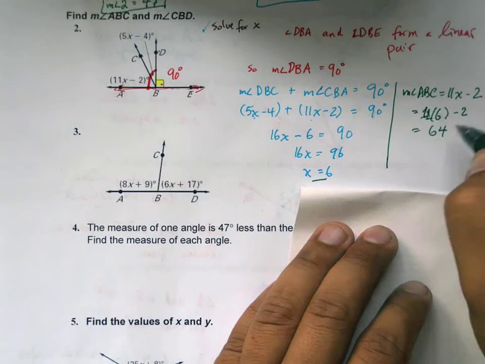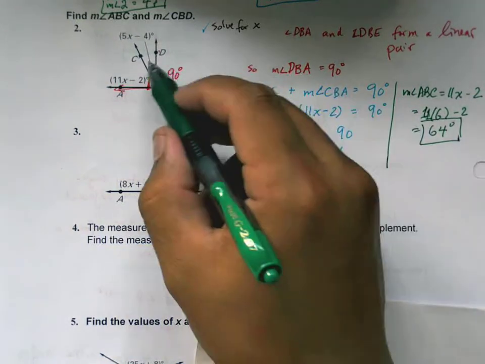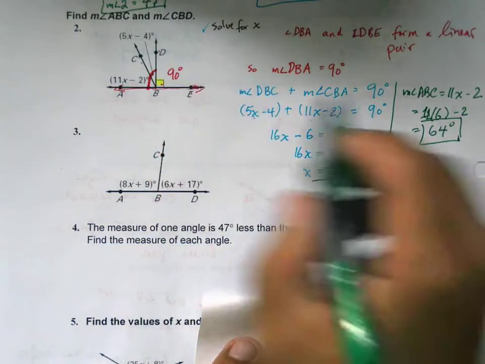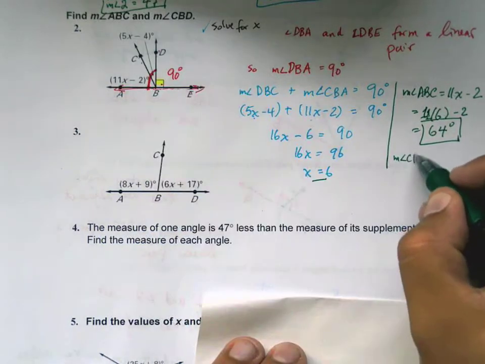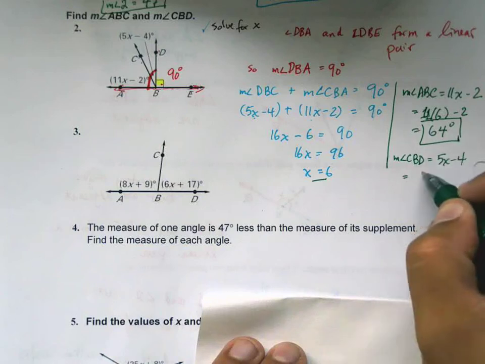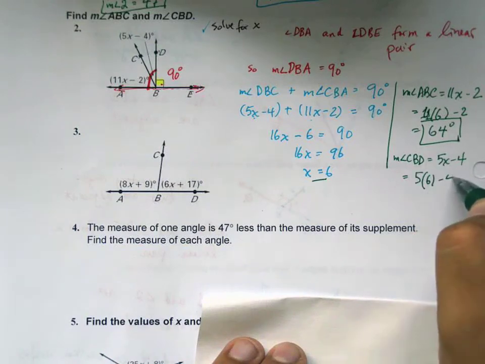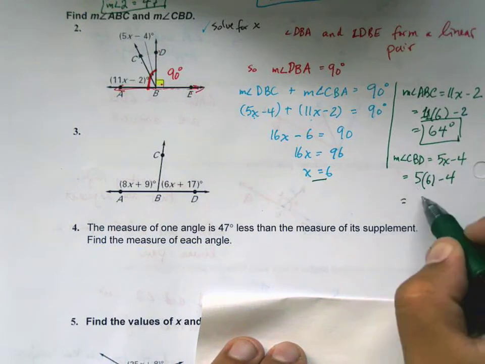Okay, so that's ABC. And then CBD is 5x minus 4. Make our substitution here. 5 times 6 minus 4. That's 30 minus 4, which gives us 26 degrees.